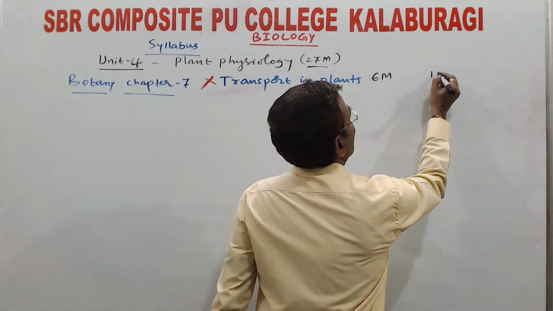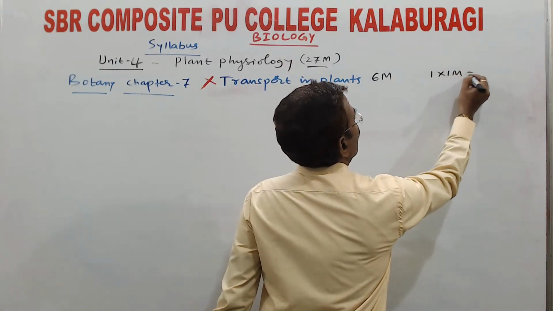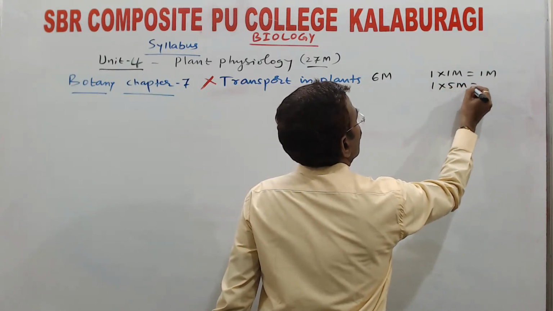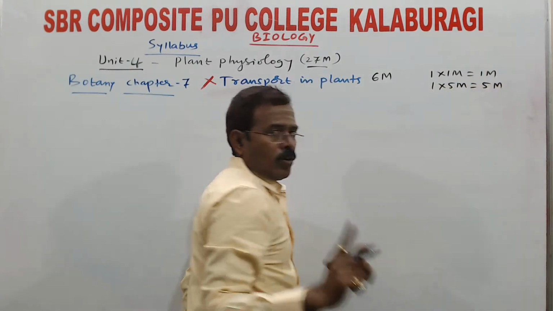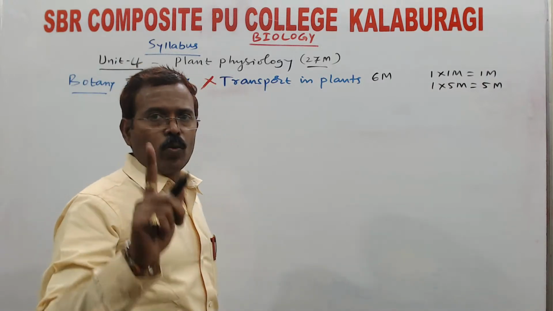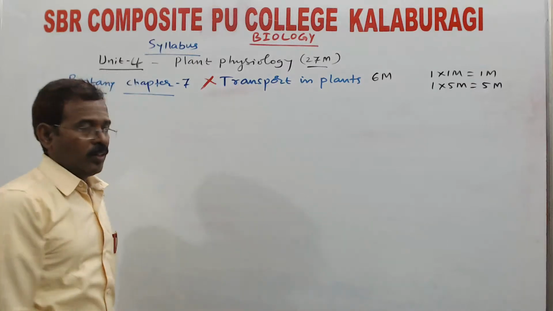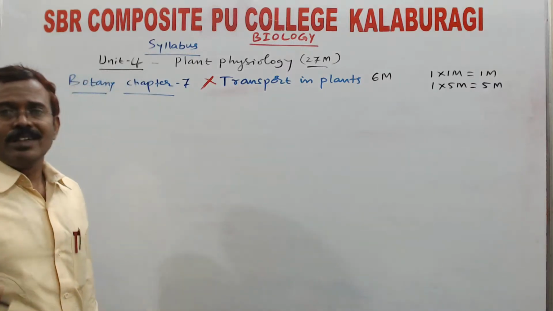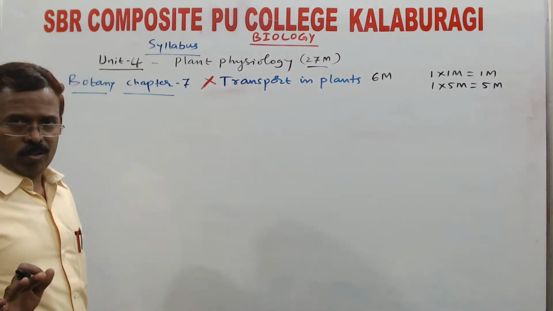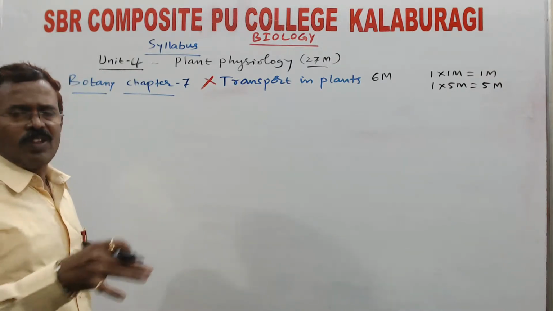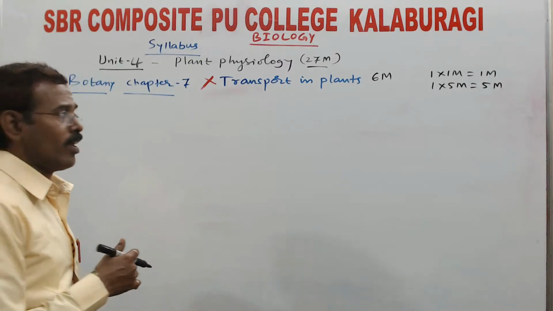Here, one 1-mark question and one 5-mark question will be there, total 6 marks. So this chapter is deleted from the syllabus. This chapter had various concepts, which I will just mention.